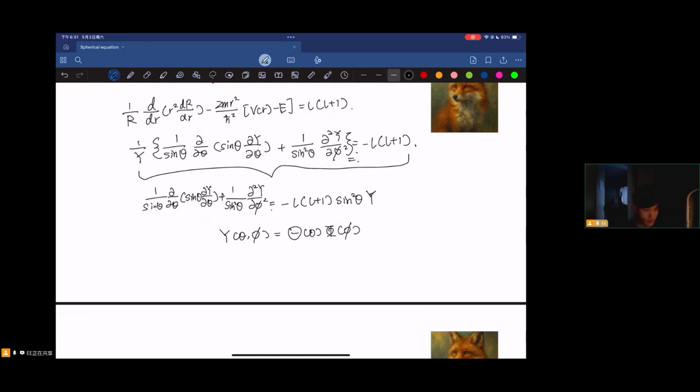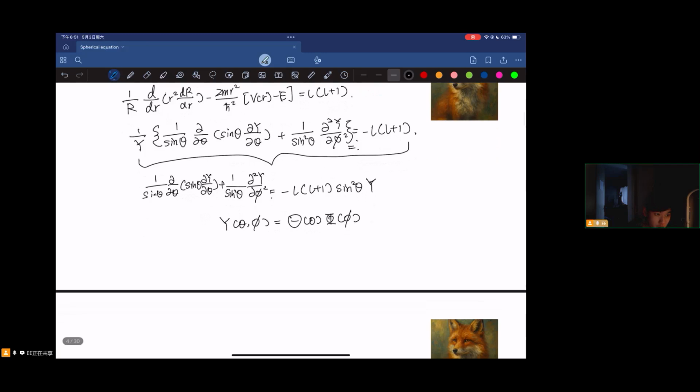So here we have two parts. So overall, our Schrödinger's equation is actually three parts: r parts and theta parts and phi parts. And it's also equal to R times Y, because Y includes both theta and phi.